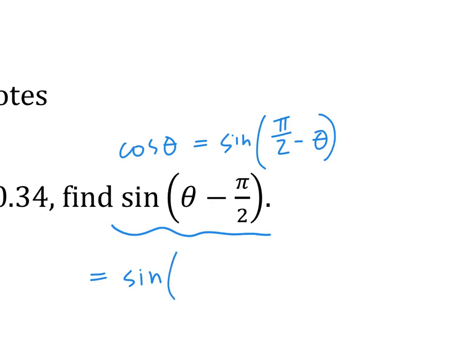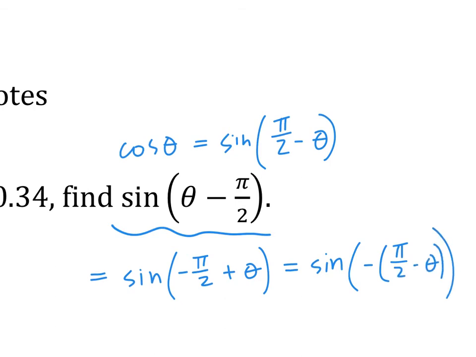So I can switch them and take the negative out. It becomes negative sine of pi over 2 minus theta, but it's not exactly the same. Now I have to use my odd and even identity.